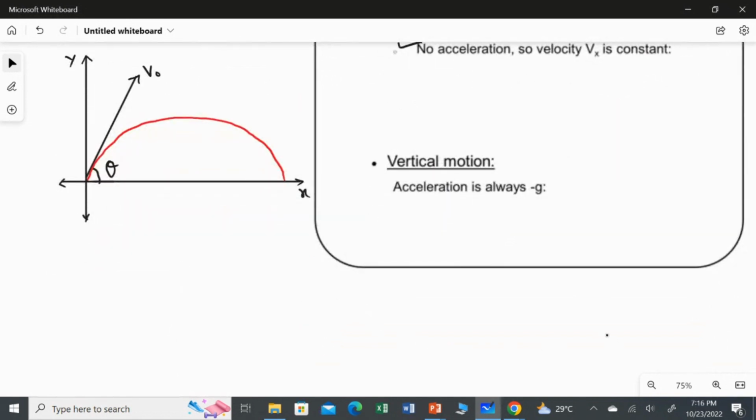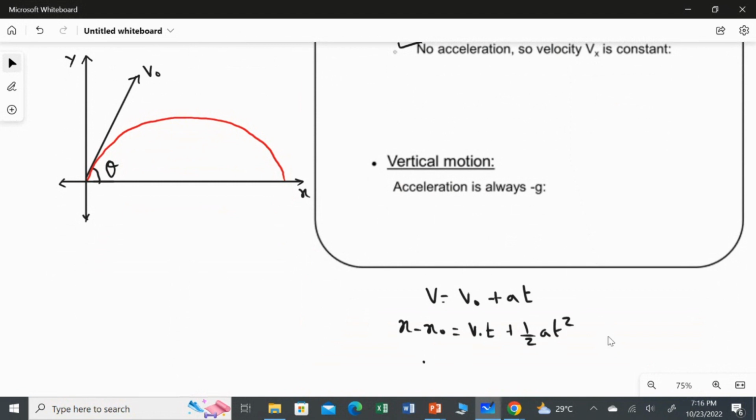So we studied three equations. What are the three equations? v equals v0 plus at. The second equation, x minus x0 equals v0t plus half at square.